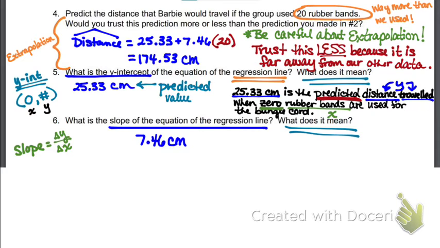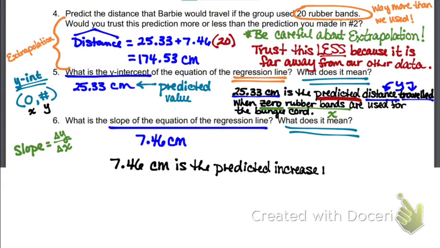So if this is positive, then I'm going to have a predicted increase. If it's negative, I'm going to see a predicted decrease. So I would say 7.46 centimeters is the predicted increase.